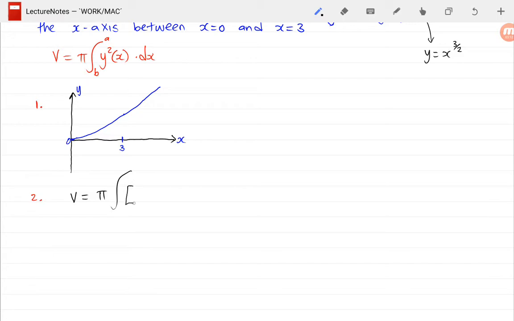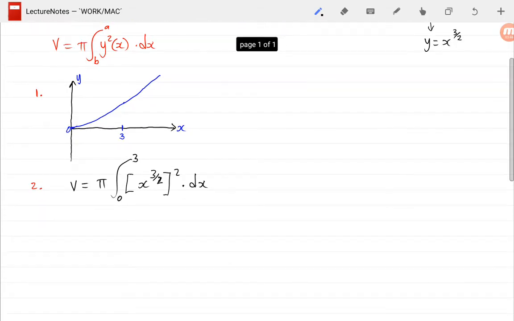So I'm going to put y inside brackets, and our y is x to the power of 3 over 2, squared, dx, and our a is 0, and our b is going to be 3. Oh, is it the other way around? Sorry about that. From 0 to 3.